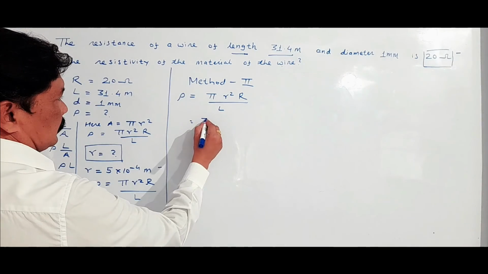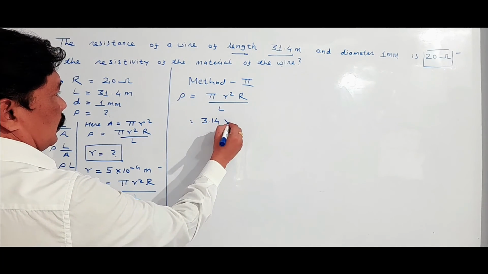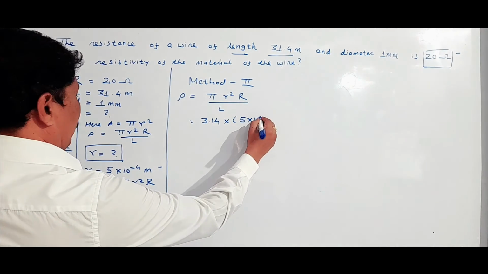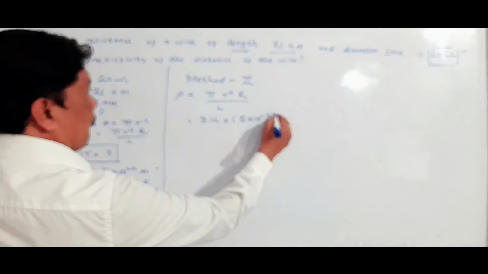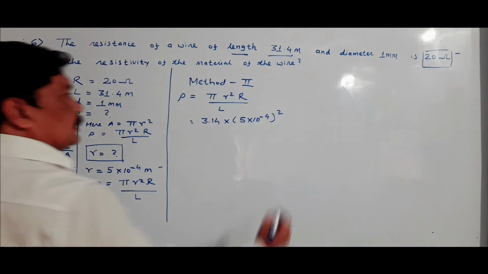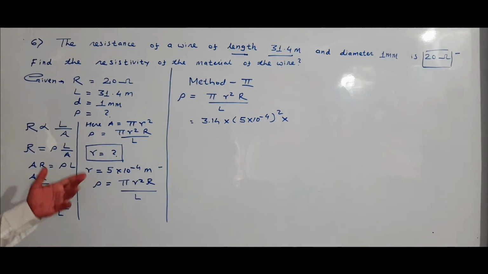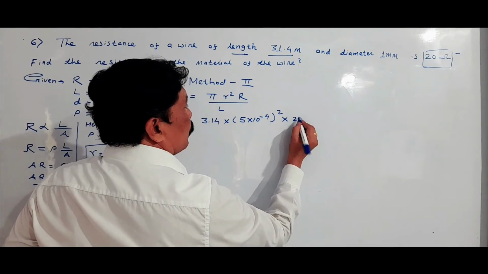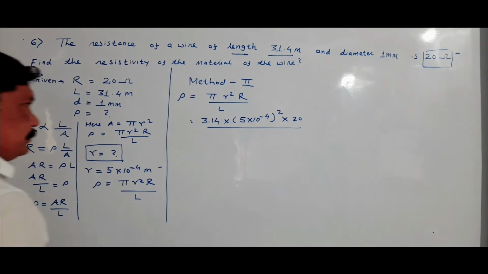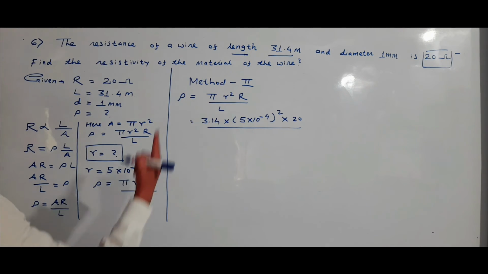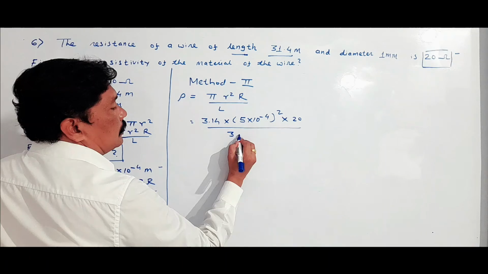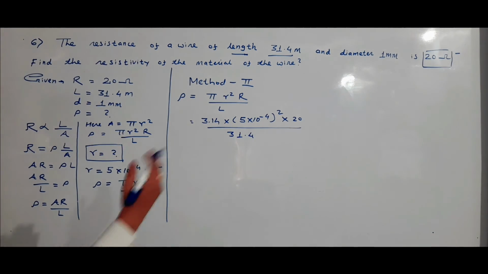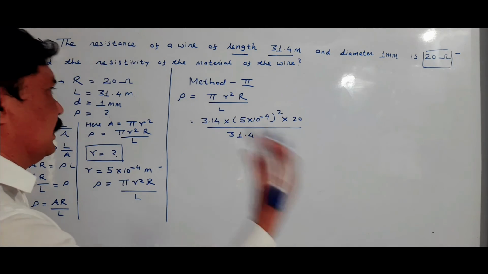Value of pi is 3.14 into 5 into 10 to the power minus 4 square, radius, into resistance 20 upon length, and length is 31.4. Now my dear student, if such type of calculation is there, we can do it very easily.